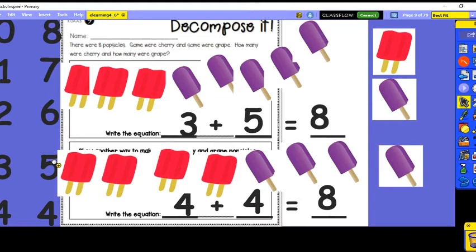And do you notice a little pattern here of our add-ins? So 0, 1, 2, 3, 4 makes a pattern. 0 and 8. 1 and 7. 2 and 6. 3 and 5. And then here's our double again, 4 and 4. So we can look at little patterns to decompose our numbers. And today we were decomposing 8 popsicles.